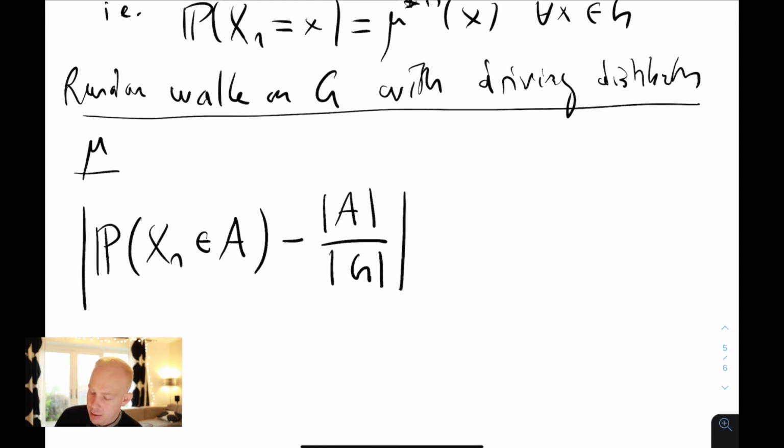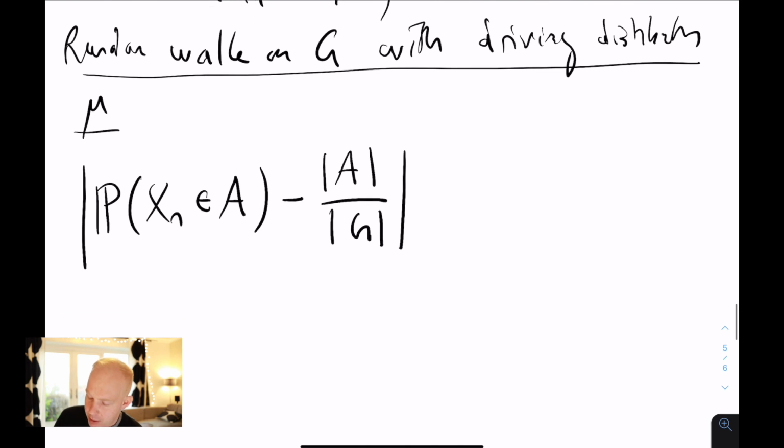Then by the L1 identity, we can bound this from above by half of the L1 norm of mu star n minus the uniform distribution.